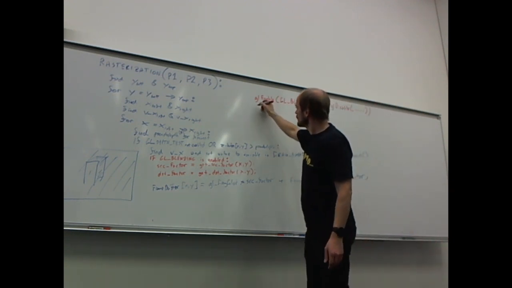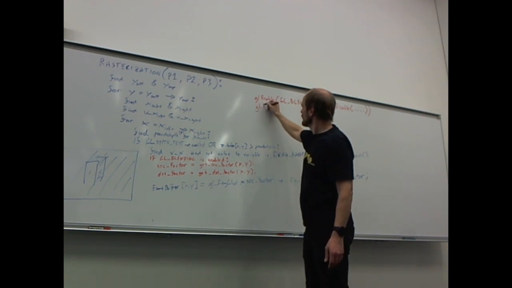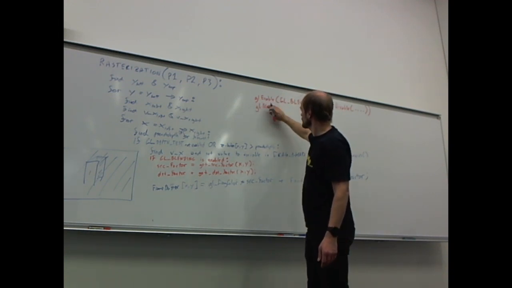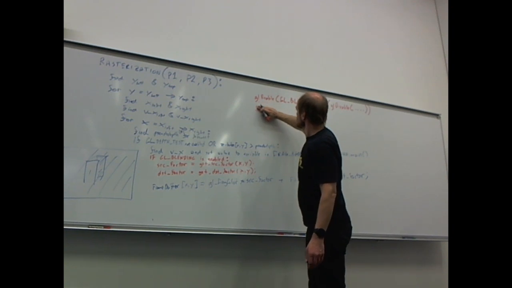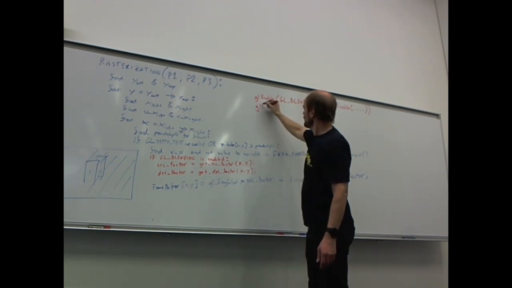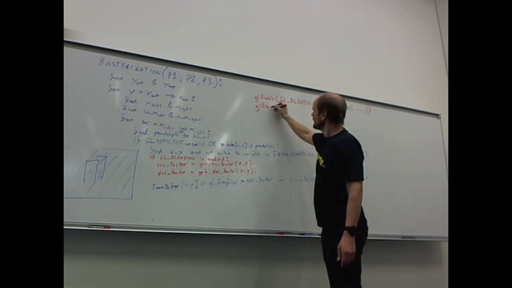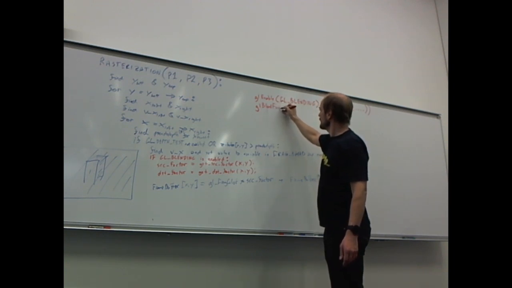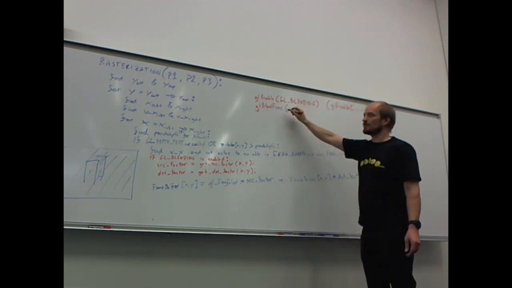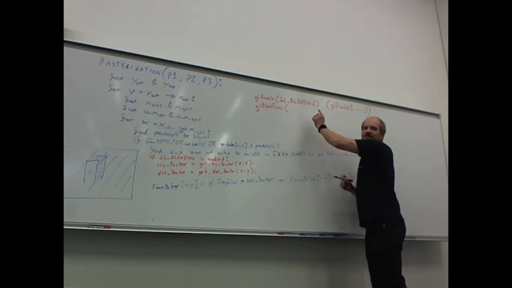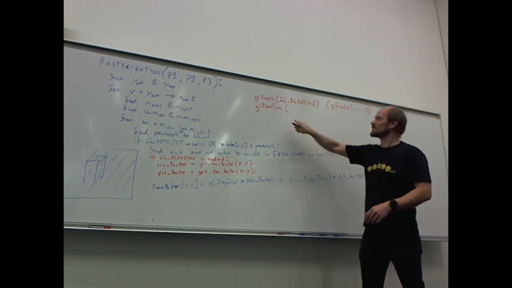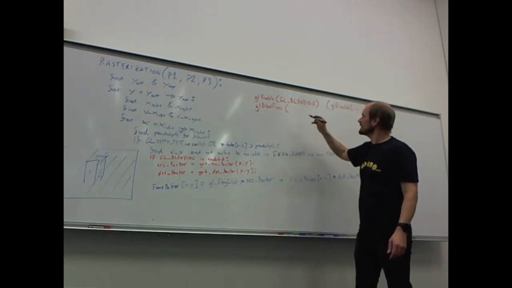Then we call GL blend, it should be lowercase here, GL uppercase B, blend uppercase F, func, or function. And I don't understand why they didn't just have it blend function. They're not saving that many letters. GL blend func.